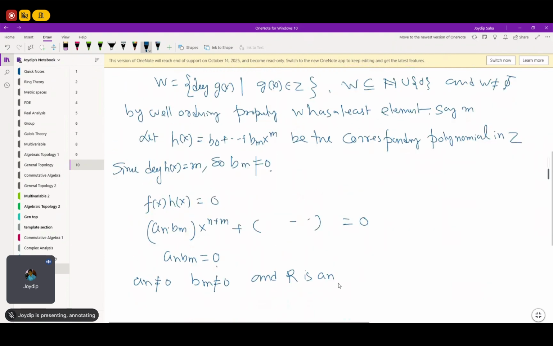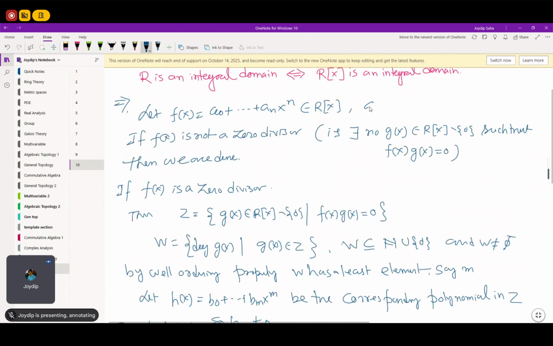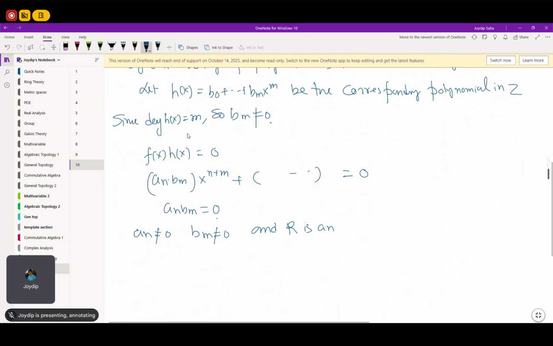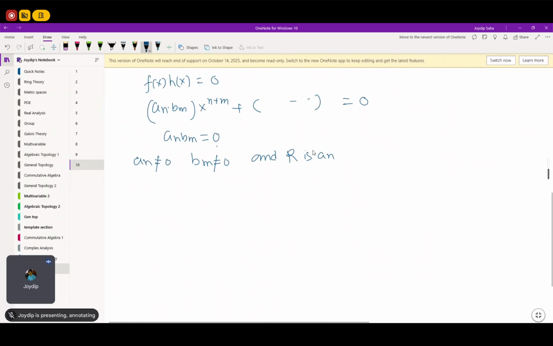So I take f(x) belonging to R[x], a non-zero polynomial, obviously, so it has a degree n, which may be 0. R is an integral domain.